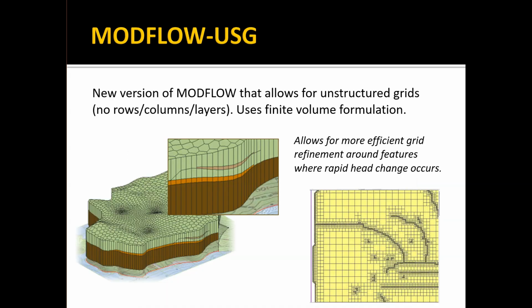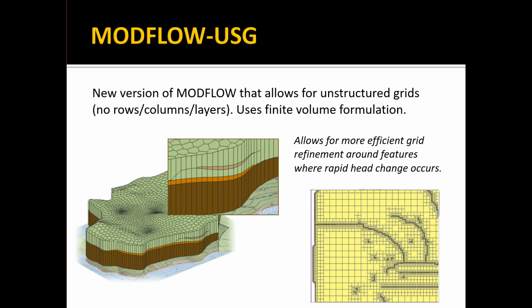But with the unstructured version, it allows you to localize that, and it's a much more efficient use of your memory, and you can get a pretty high accuracy with a relatively small number of cells. And so it's a pretty significant advance.